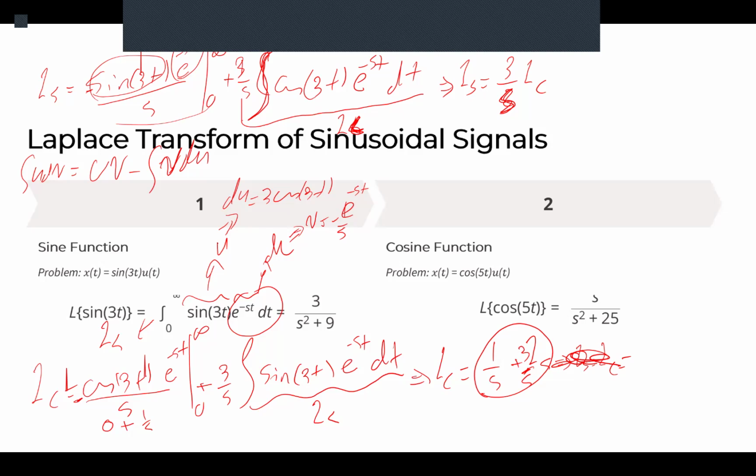Okay, so basically IS is going to be 3 over s times 1 over s plus 3 over s IS. Are we good? So this one becomes 3 over s squared plus 9 over s squared IS. Okay?